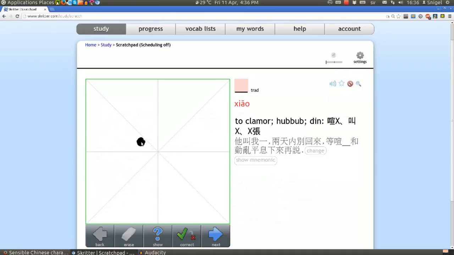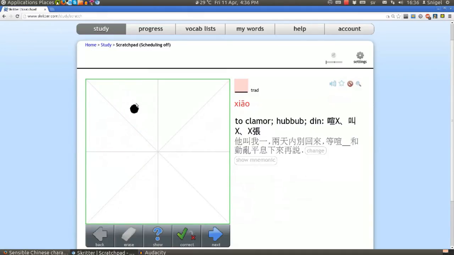So here I'm using Skritter's online interface, and I'm using a writing tablet. So I'm reviewing here, and I encountered this word, 嚣, so it's 喧嚣的嚣, and it probably has a 口部, a mouth radical.